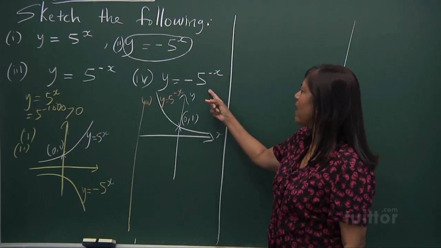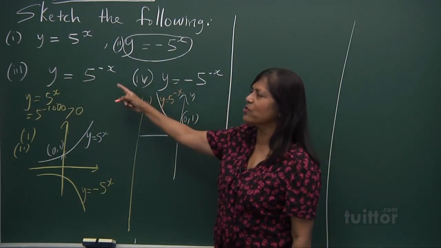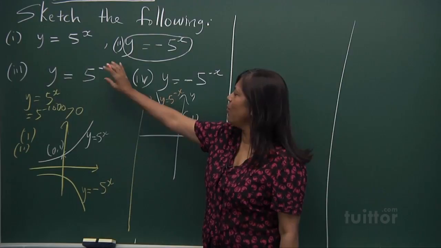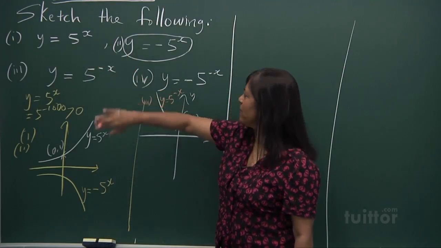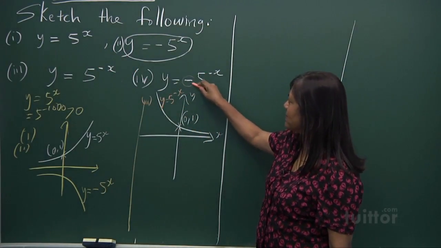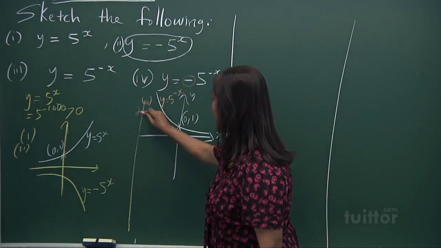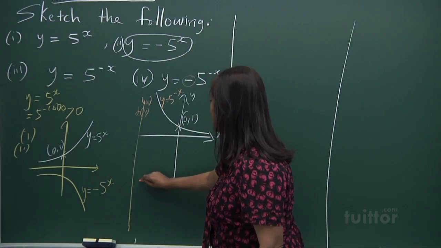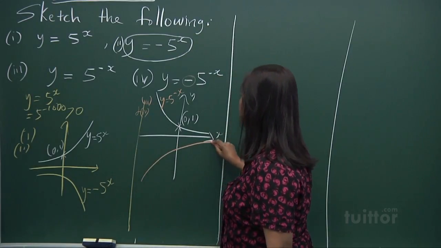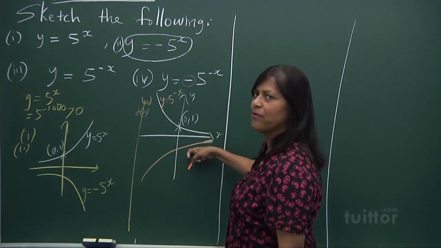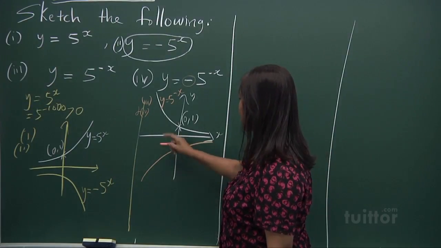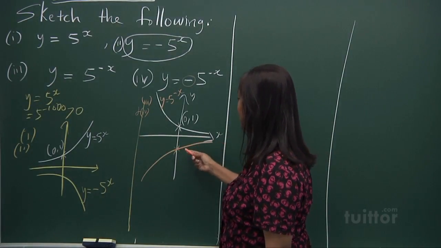As for this graph, this is a reflection of the previous graph. All the values here will be reflected because y becomes negative. So for the shape of this graph, I better include part 4. The shape of this graph is just like that. All the positive values are reflected back, where the x-axis is the line of reflection.